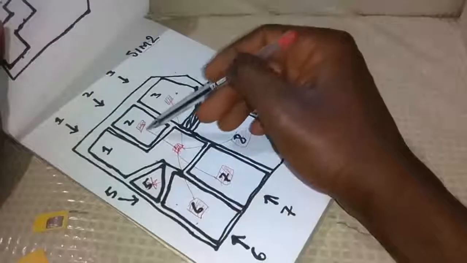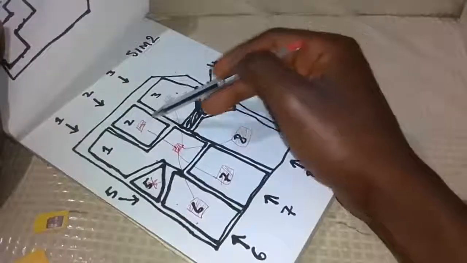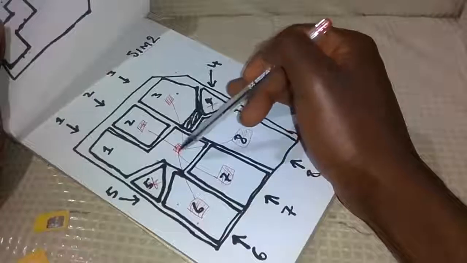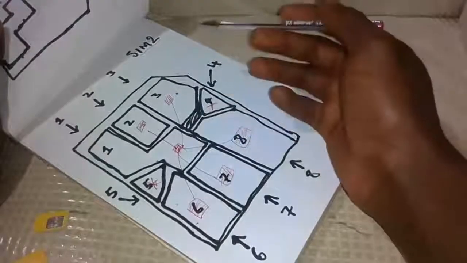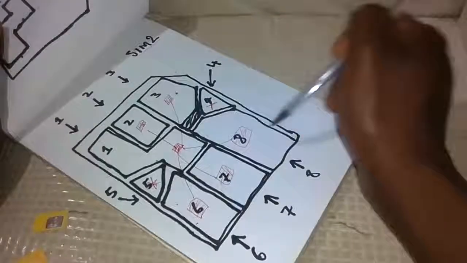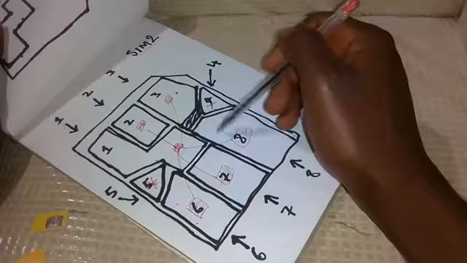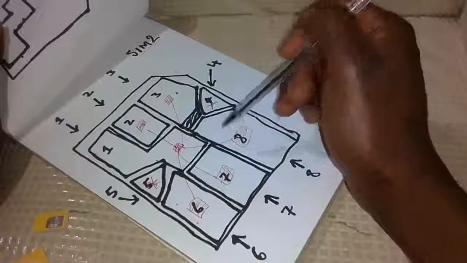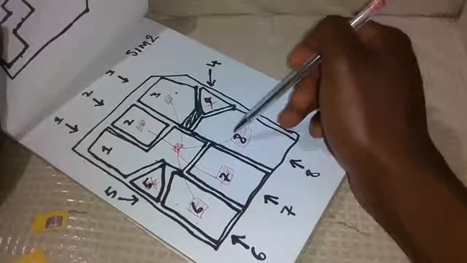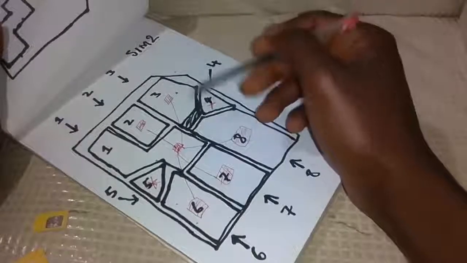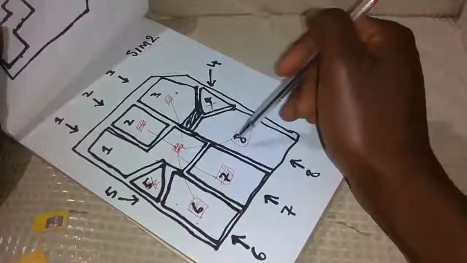Don't go and scratch two portions on the same SIM, or crash the whole of the SIM. It would not work that way. So you need to have 8 of the SIM, and you make sure you scratch just one single portion on a SIM. Don't go and scratch 2, 3, or 4. Just scratch one portion out of the SIM.